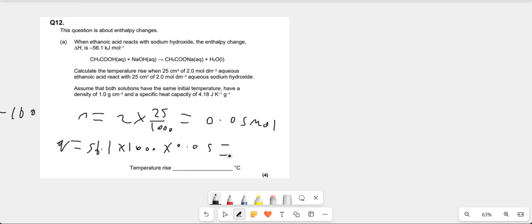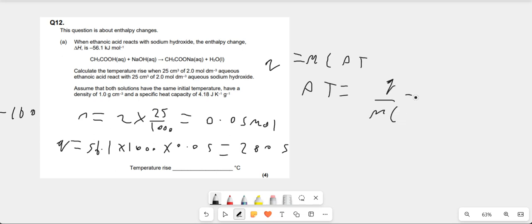And that's going to give me 2805. Then Q is equal to mcΔT, and therefore ΔT is going to be equal to Q over mc. So that's 2805 divided by mc, where the mass is 25 plus 25.